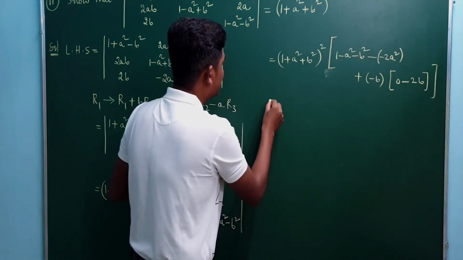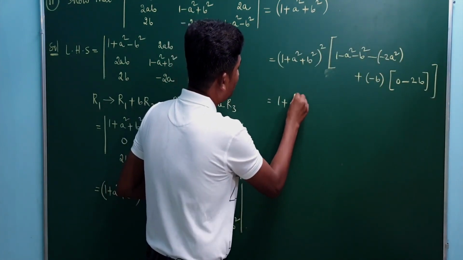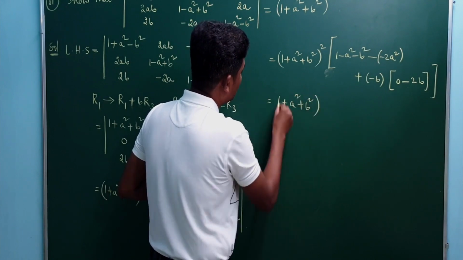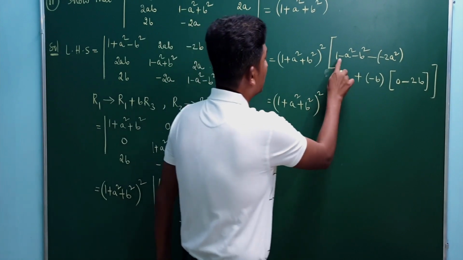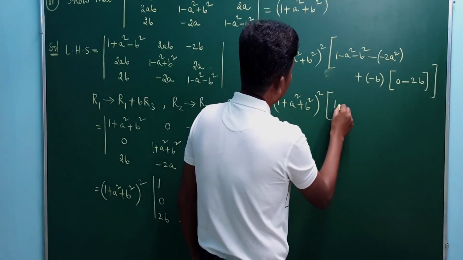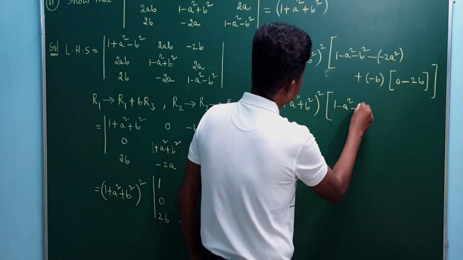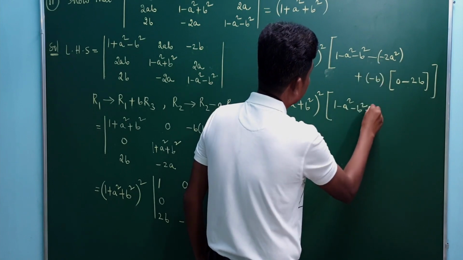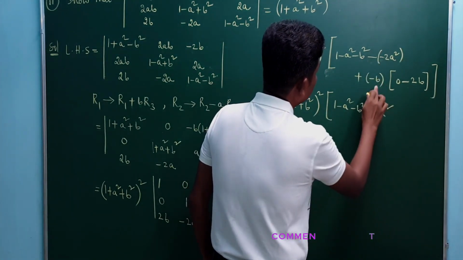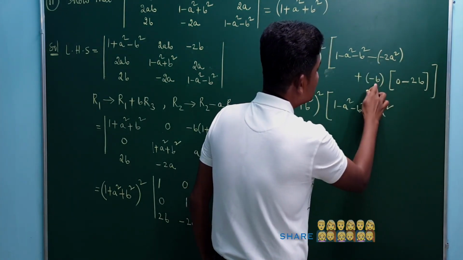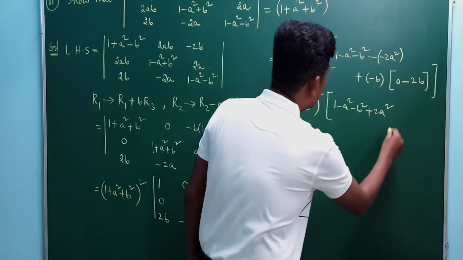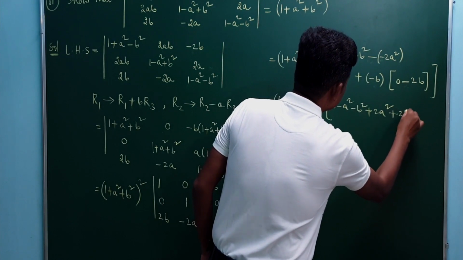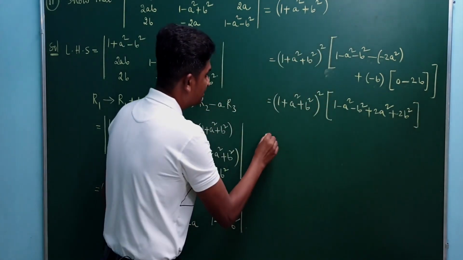Let's simplify this further. 1 plus a square plus b square whole square into 1 minus a square minus b square minus of minus plus 2a square. See here, this is minus 2b, this is minus b. Multiply both, what will you get? You will get plus 2b square.